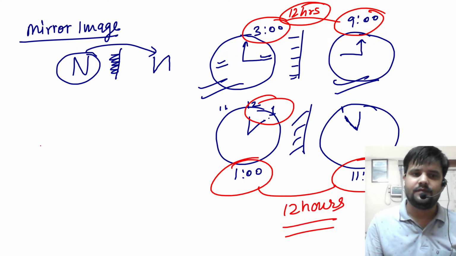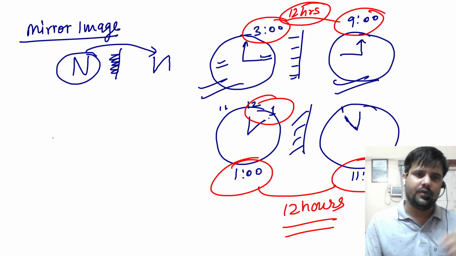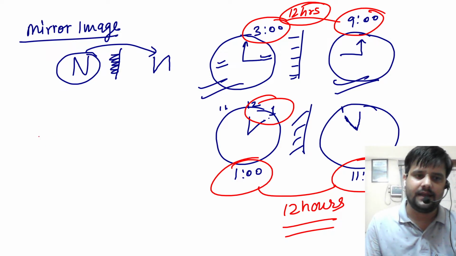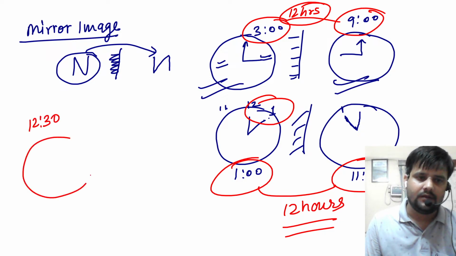The only exception is when the time is beyond 12 hours. Let's say the time is 12:30. So at 12:30, what will happen? This clock would be like this. 12:30 means the minute needle would be at 6, and if this is 12, this is 1, the hour needle would be exactly between 12 and 1.